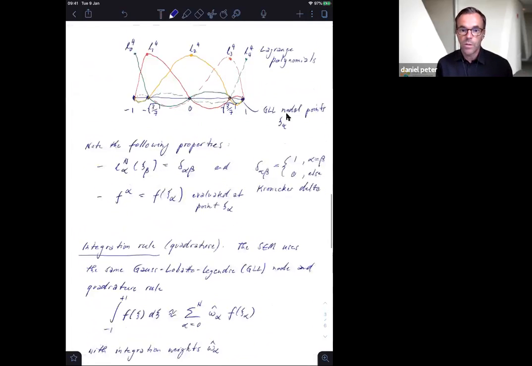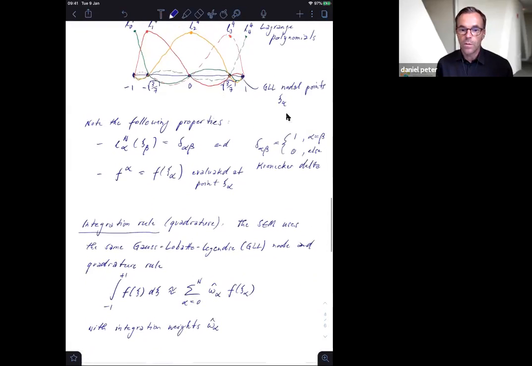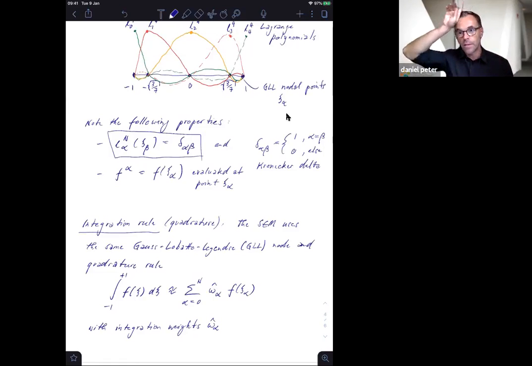The Lagrange polynomials with this quadrature rule, and especially with this property here, we can simplify quite a bit how this mass matrix will look. We will see that anything that is off diagonal will be zero because of this property. So the mass matrix just becomes a diagonal matrix.